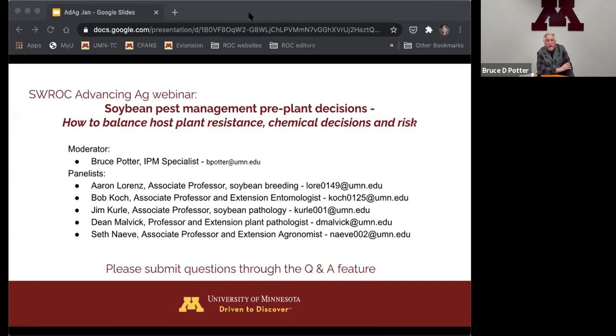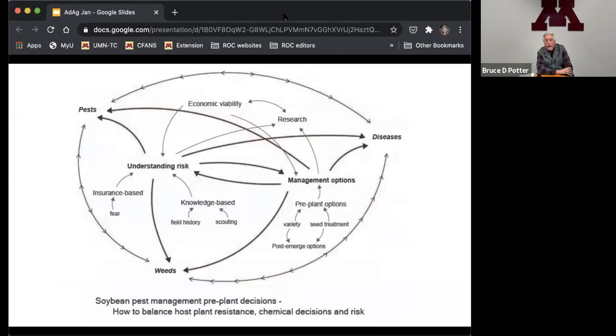Emily, can you put that next slide up? All right. This kind of spaghetti-looking diagram is kind of how people might need to look at some of the factors that need to be considered when they're deciding on soybean insect and disease management before planting. Okay. Risk is probably one of the big drivers.